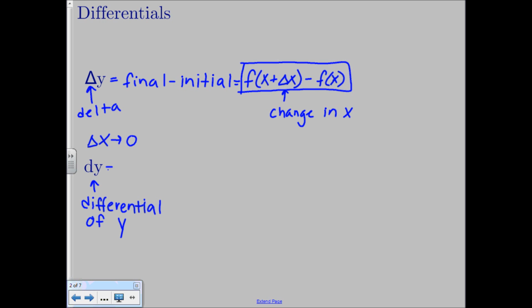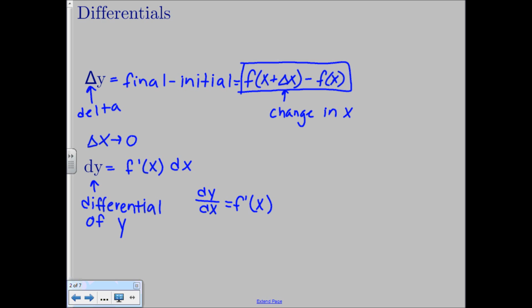And this is what brings into play our derivative. So dy is always just f prime of x times dx. Now you might be saying, how am I supposed to remember that formula? Well, from all of the derivatives we've been taking, you know that dy over dx is just another way to write f prime of x.